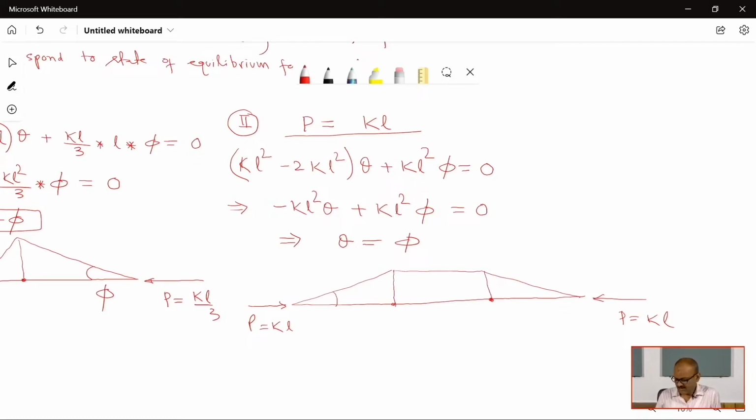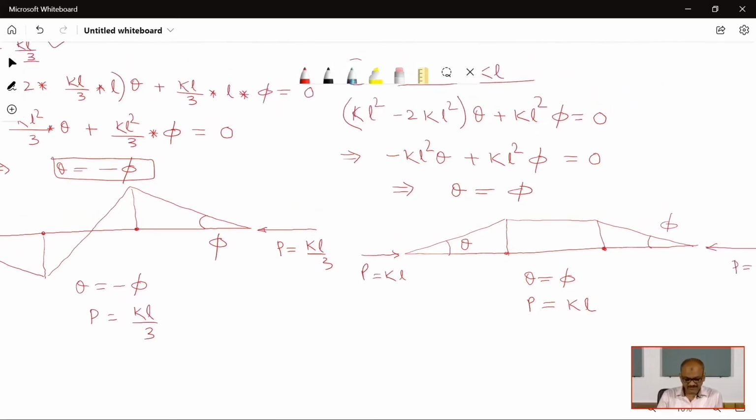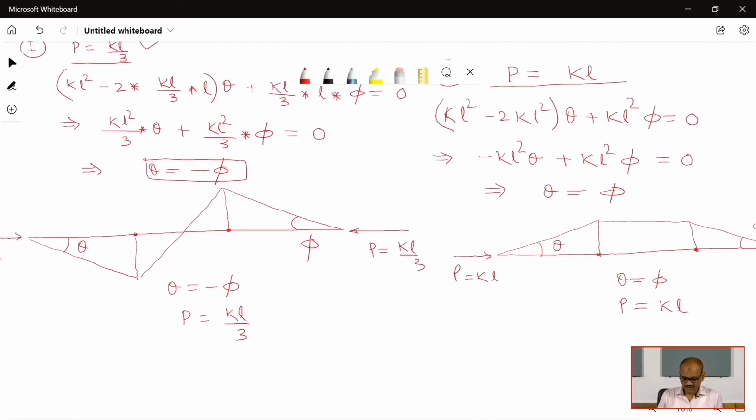And this is theta and this is phi. This is for theta is equal to phi and P is equal to KL, and for this case it is theta is equal to minus phi and P is equal to KL by 3.